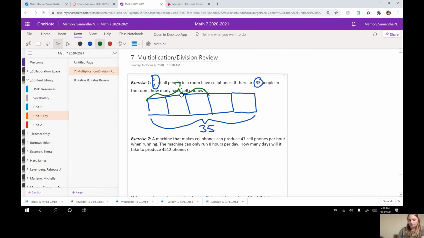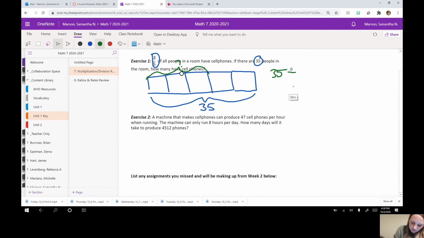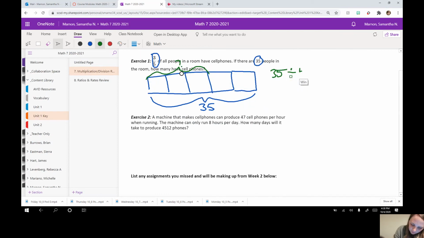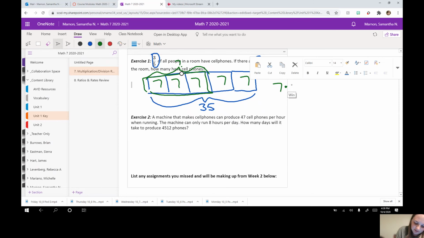So we can do 35 and split it into those 5 boxes. So we do 35 divided by 5. We know that is 7. So we can fill in 7 for each of these fifths. So 3 of them all together right here, you can do 7 plus 7 plus 7, or you can do 7 times 3 and get 21.